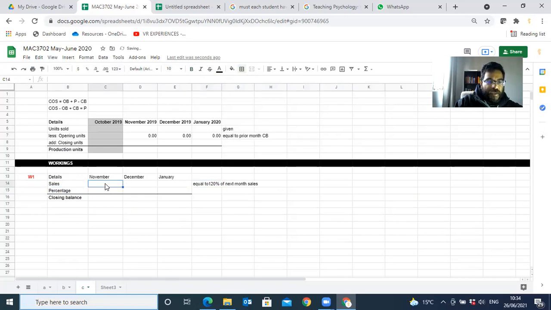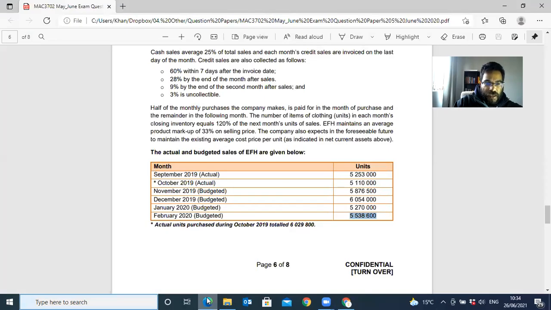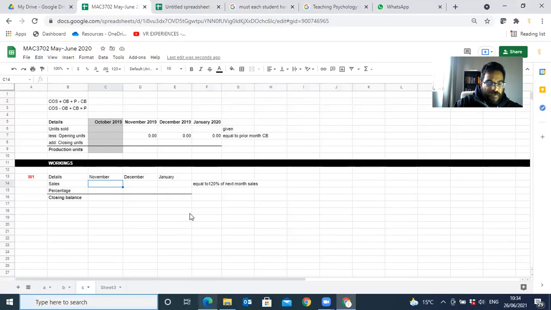Okay, so now we can plug in. Remember, November's closing balance is based on next month's budgeted sales. So November's closing balance is based off December's sales. December's sales in units is 6054.